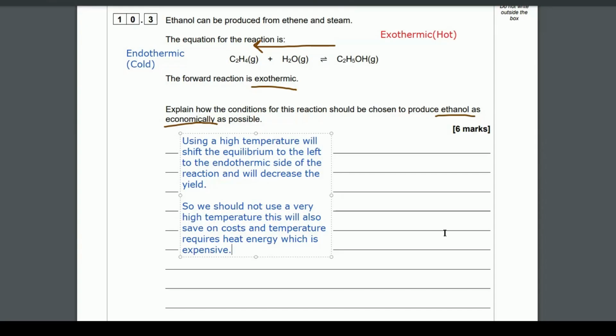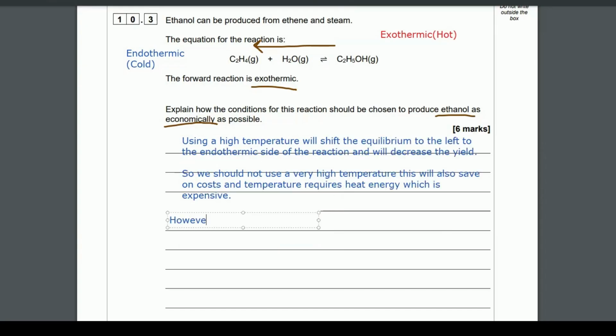However, there's a big however coming here. What happens if we use a really low temperature? However, a low temperature will mean a slow rate or a low rate of reaction. So we need to use a compromise temperature here.